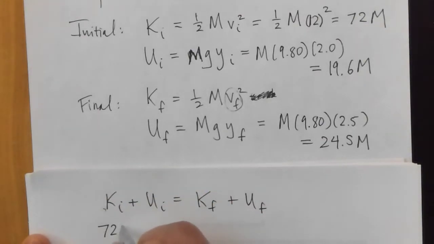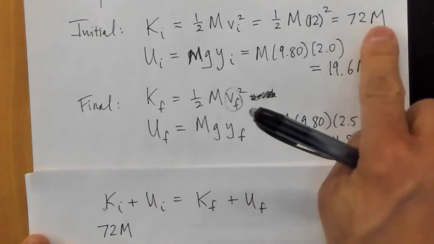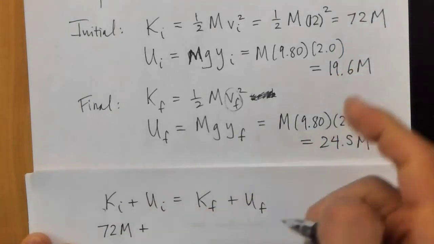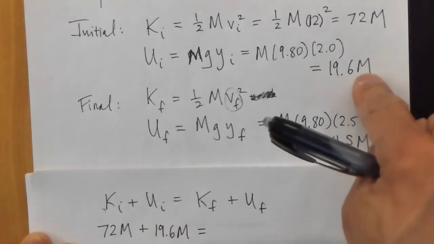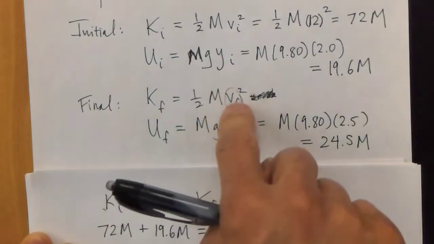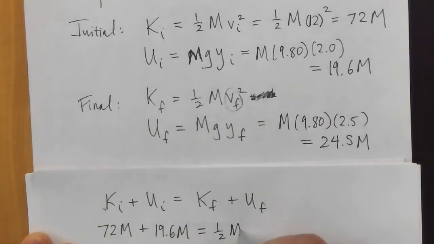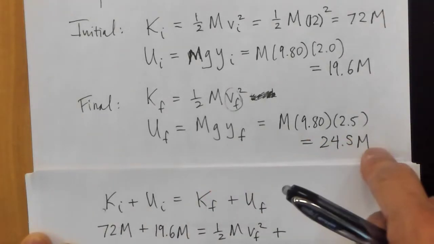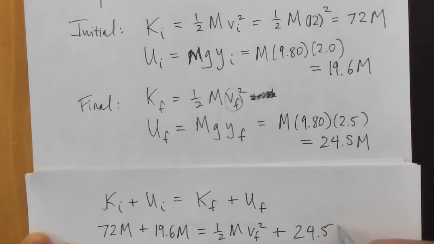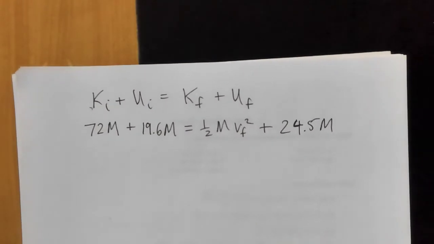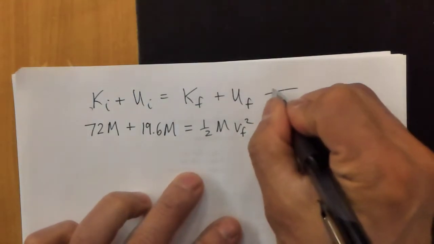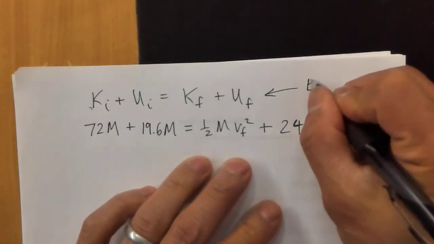So we have 72 times M, and then we have plus 19.6 times M. Then we have the thing we don't know, 1/2 v final squared, plus 24.5 M. Okay. Did everybody follow that? Just plugged in all the things. Okay, that's your conservation of energy. That was the big new step, energy conservation.